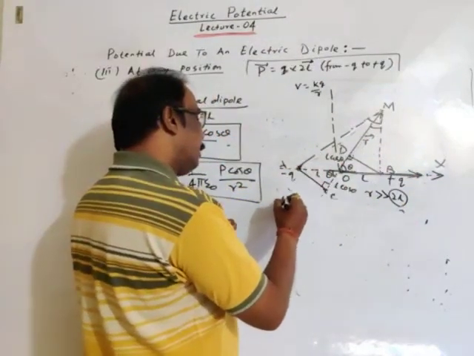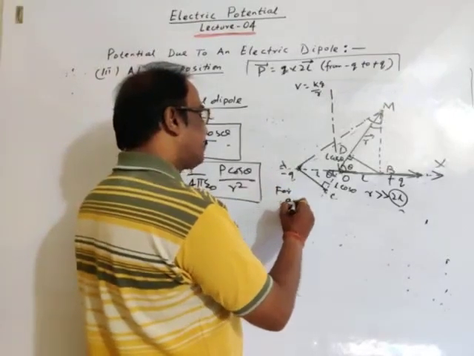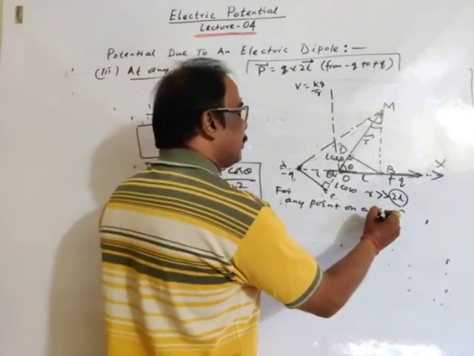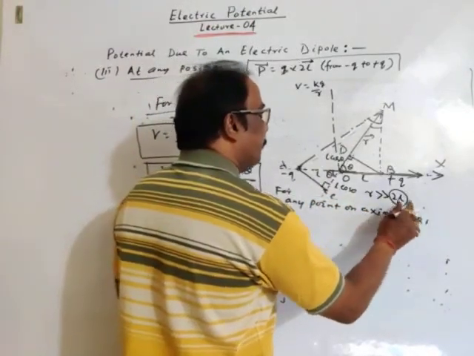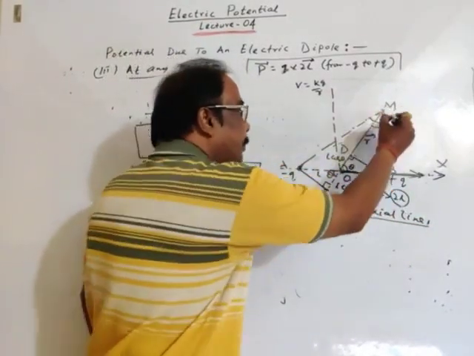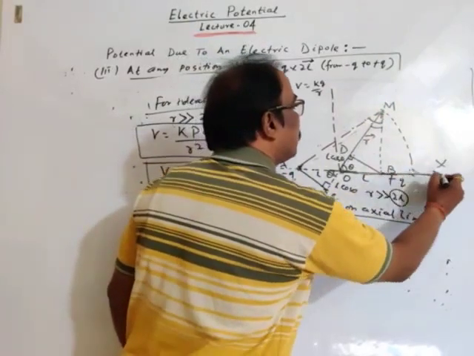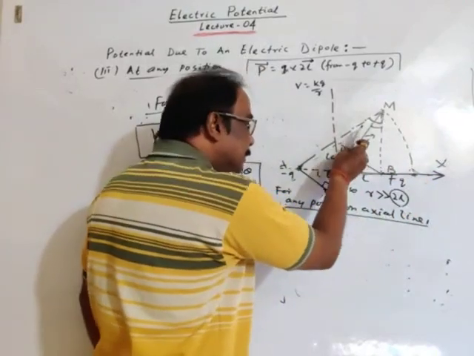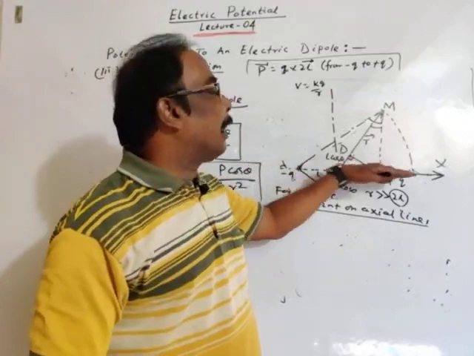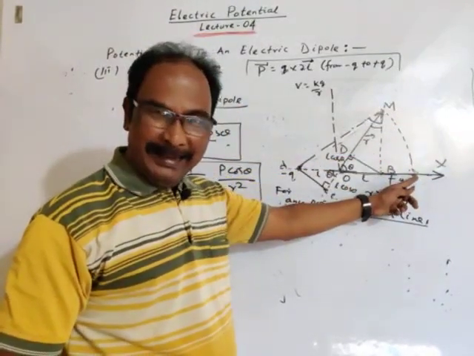For any point on the axial line, if the point M is brought to the axial line, then this angle will become 0, meaning the position vector will be parallel to the axial line.